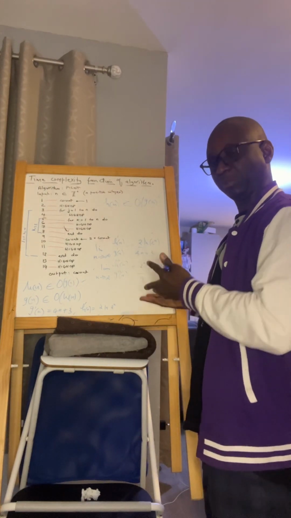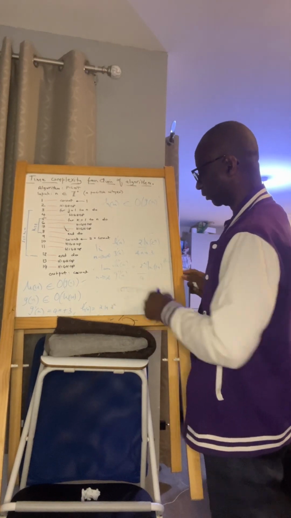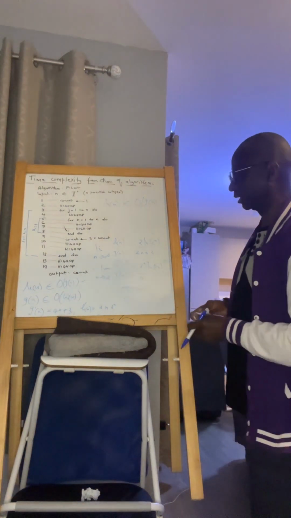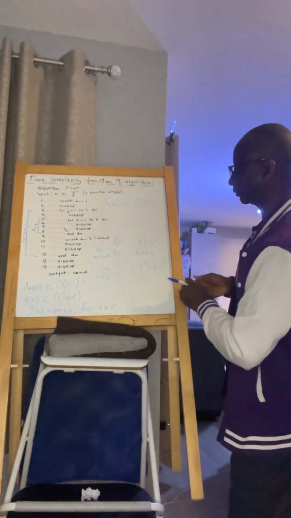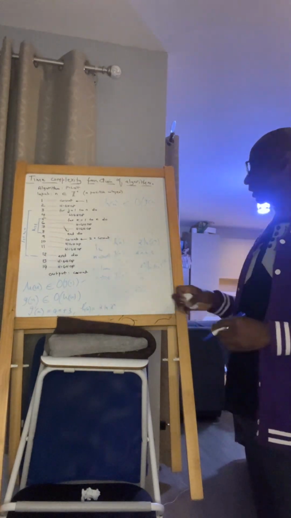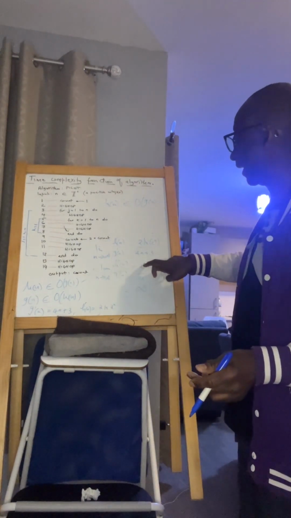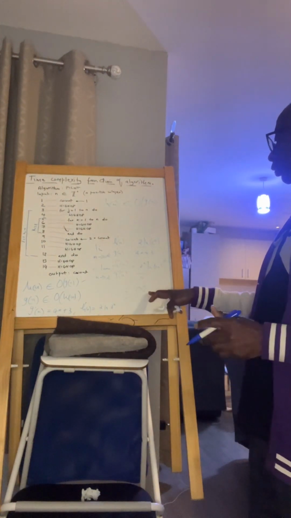You divide a million by 4, still the number you get is big. Here we are talking of really massive numbers. So you're still going to get infinity as your answer. If you keep on adding to the input, the answer is still going to be large, so you get infinity.